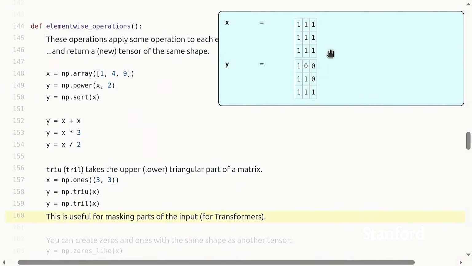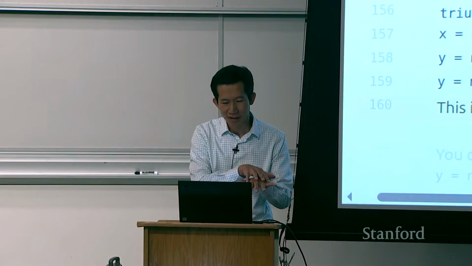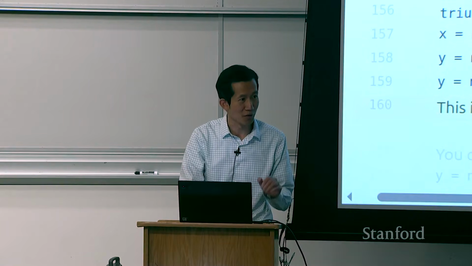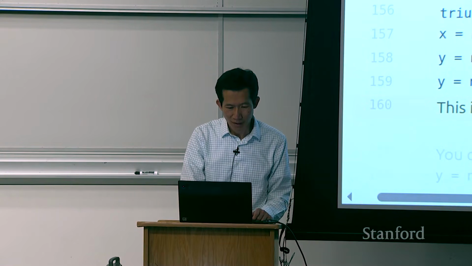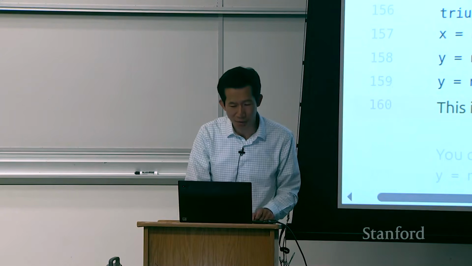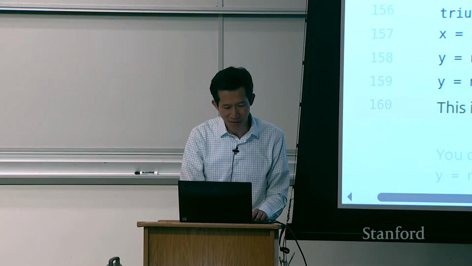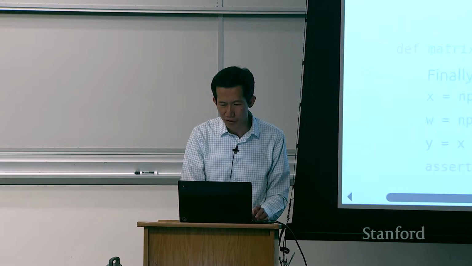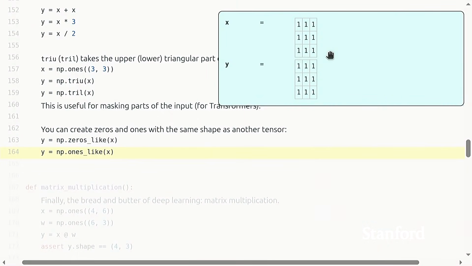For example, if you're defining transformers with a causal mask, you have to use these matrices to mask out certain parts of the input. But right now, I'm just giving you the primitives and the building blocks, and then we can have some fun putting these together later. You can also take a tensor and create another tensor that has the same shape but is filled with zeros or ones.